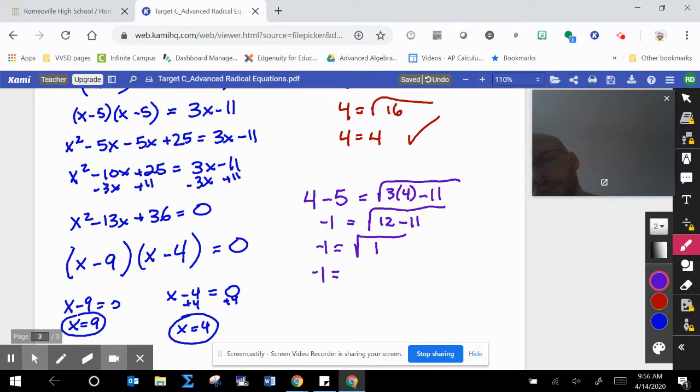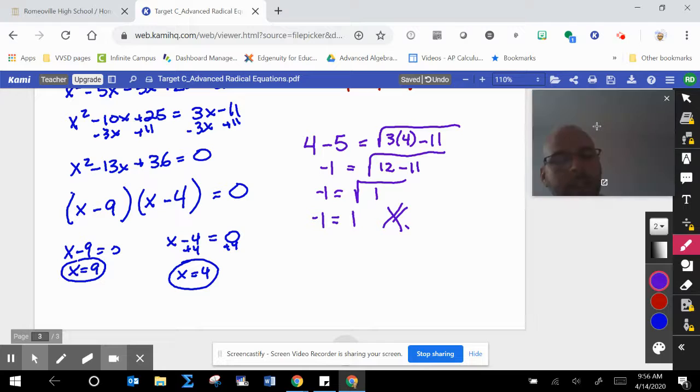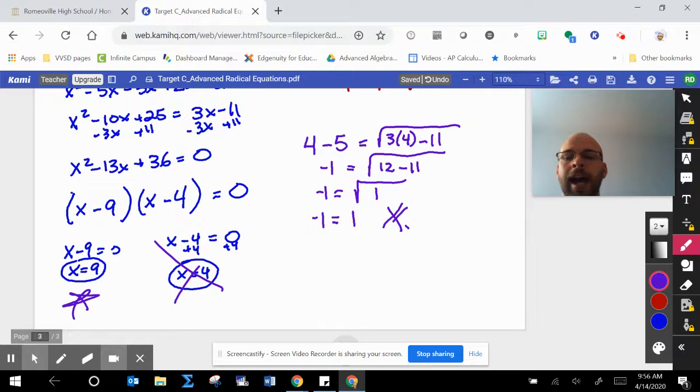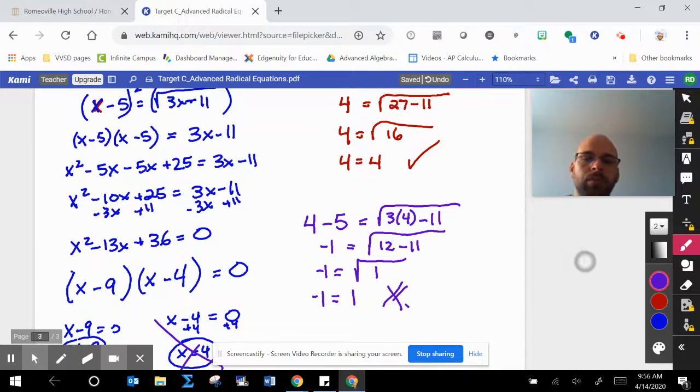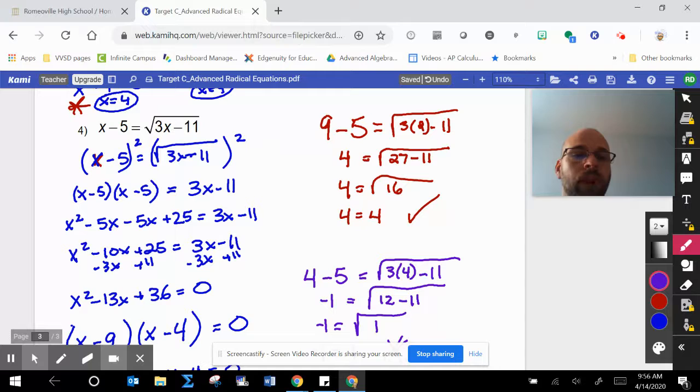Negative 1 equals the square root of 1, which is just 1. Those are not the same. Okay, so that is an extraneous solution. That is no good. The only real solution we have here is 9. Again, you have to plug it in, make sure the left-hand side and the right-hand side of your equation are going to be the same.